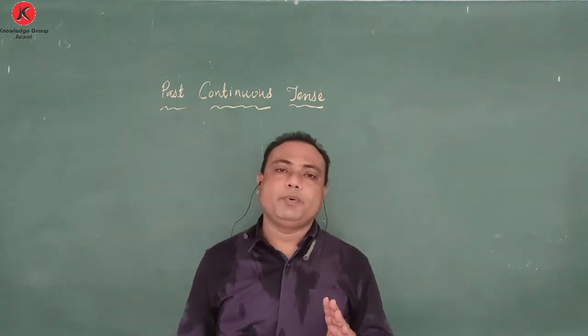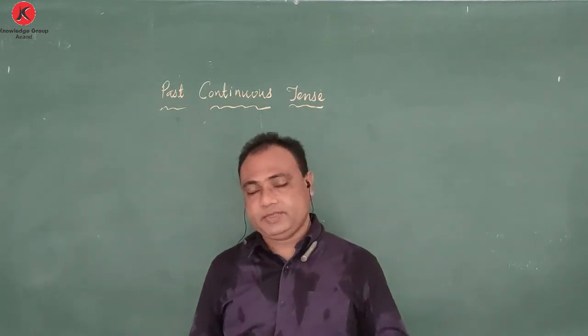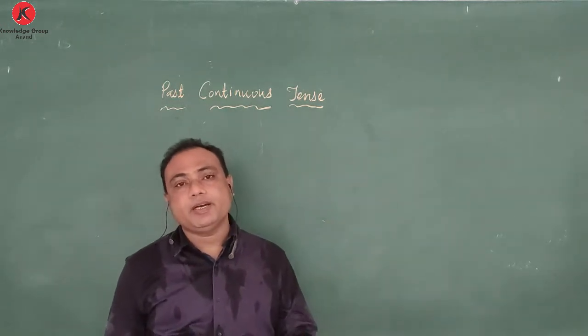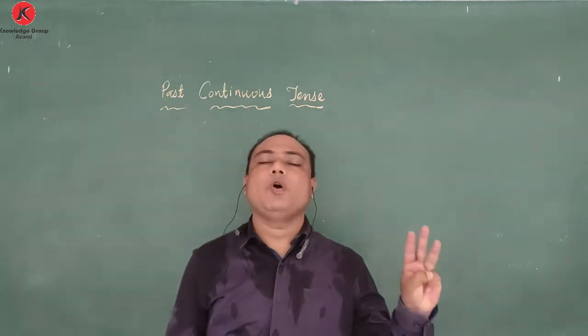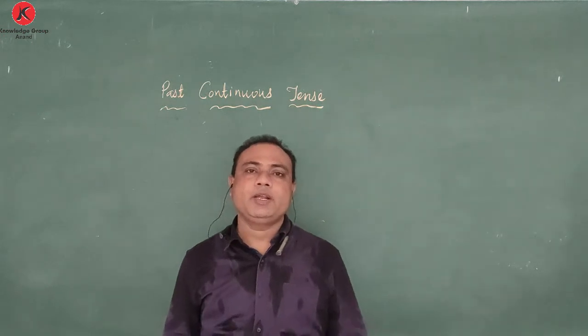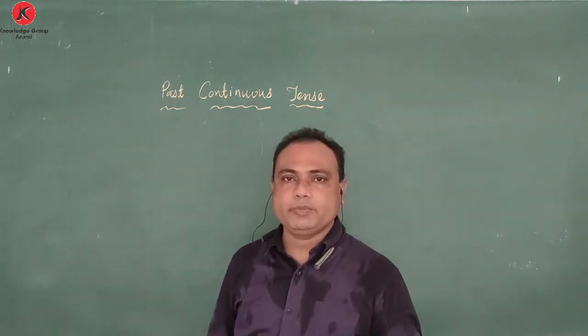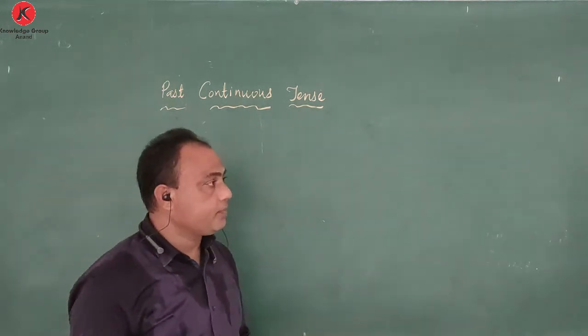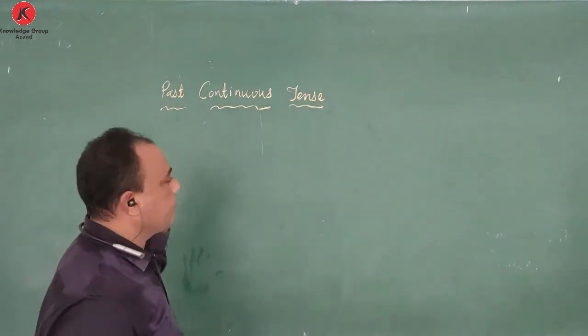There are four verb forms. One is V2 form. Second is did plus V1 in negative and question. Third is was and were used alone. And fourth is had used alone. These four verb forms you need to remember. So that was a quick revision about simple past tense.